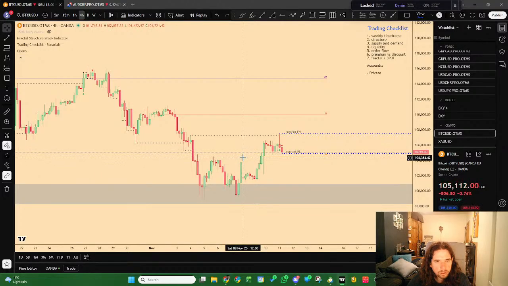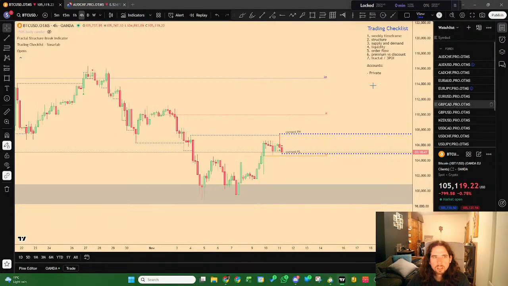So now what we'll probably be doing is reacting to this area here, and we've taken some liquidity. This is a strong zone here, but there's still lots of potential for the upside.